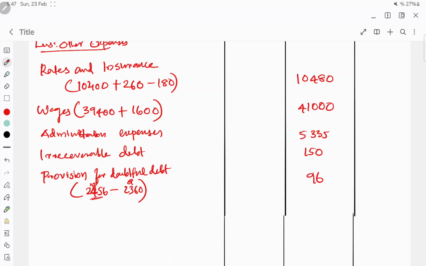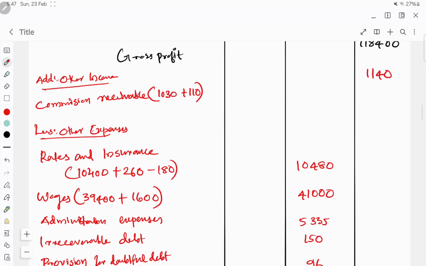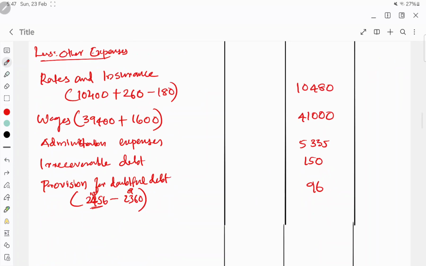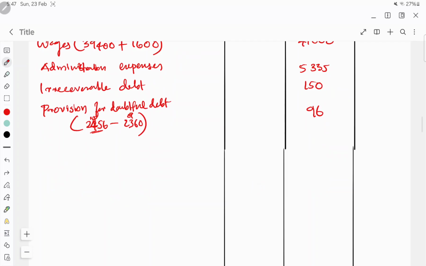But if the new provision is less than the old provision, then you will write it in the other income column. Always be careful to identify whether it is an expense or revenue. Here the new provision is more, so it covered the old provision also. Last year you kept some percentage as doubtful debt, just as a precaution.